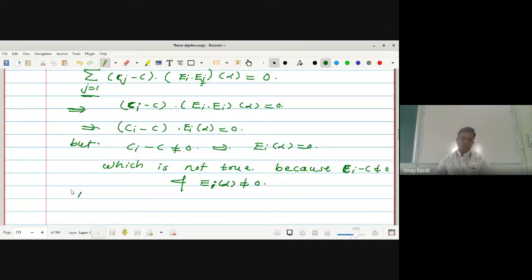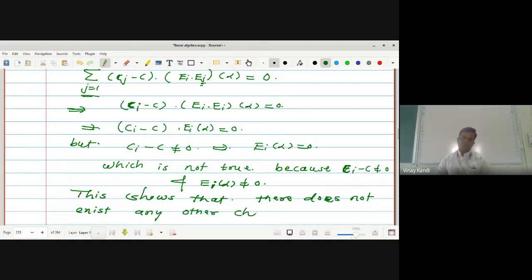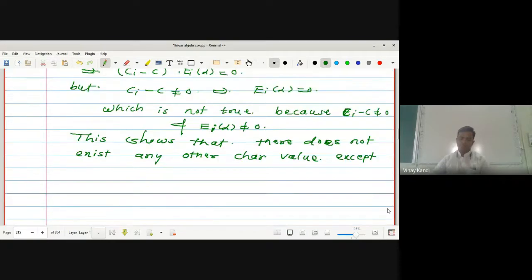Okay, so this shows that there does not exist any other characteristic value except c1, c2, up to ck.